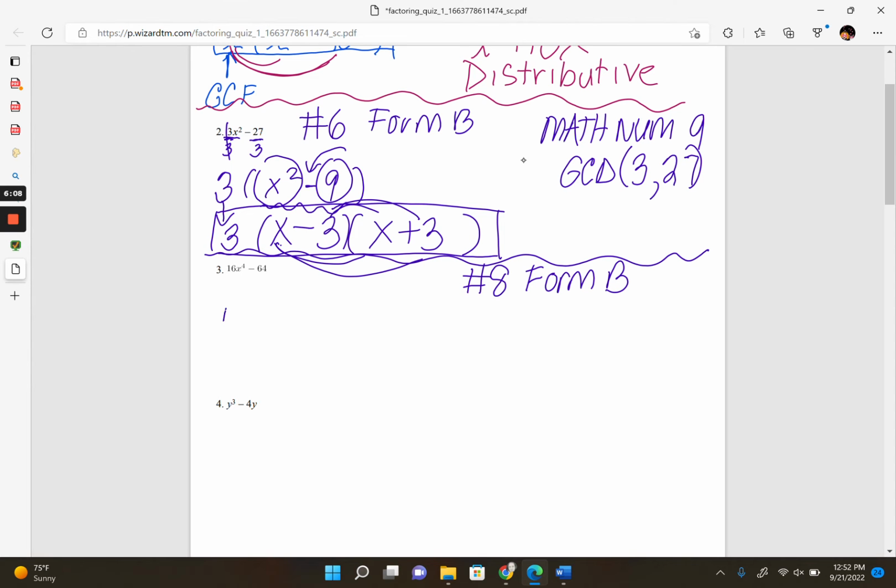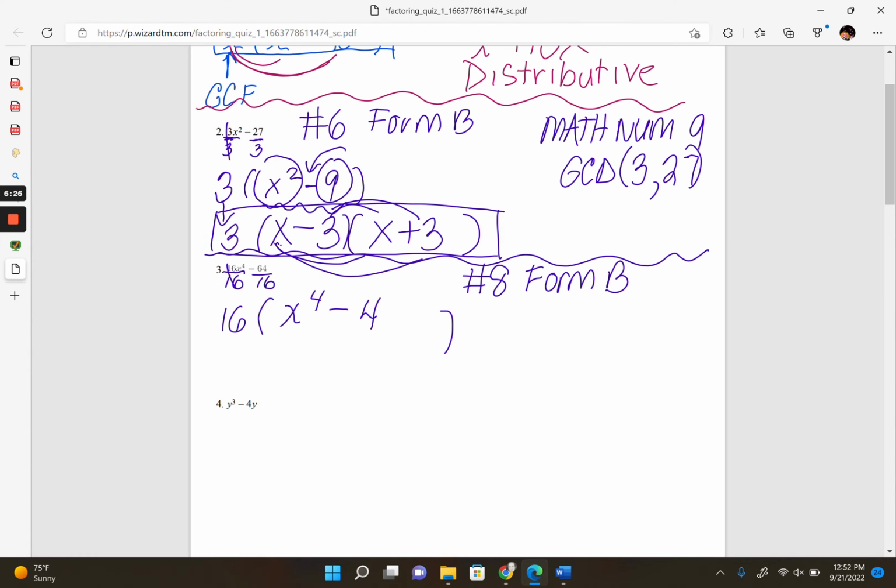That would be 16. If you need the calculator to help you or you need to write out the factors, do so. They have no variable in common, so I divide out by 16 on both sides. I get x to the 4th minus 4.